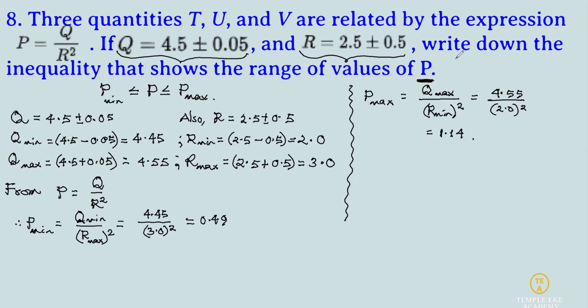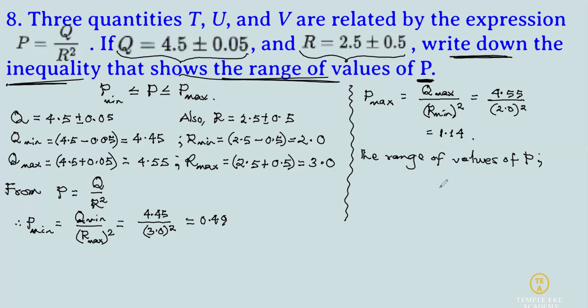Now the inequality. Write down the inequality that shows the range of values of P. The range of values of P is given by P lying between, and that's the inequality we started with from the beginning. The minimum on the left-hand side is the lower bound for P, P minimum, 0.49.